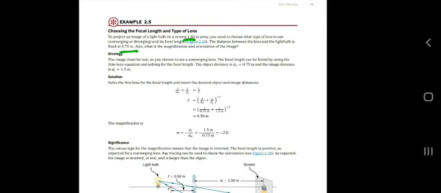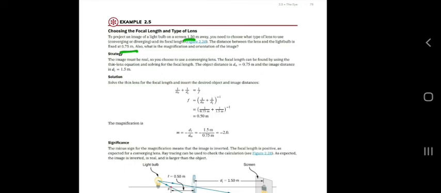So the object distance is equal to 0.75 meter, and the image distance is 1.5 meter, same lang siya sa 1.50 meter. So solution: solve the thin lens equation for the focal length and insert the desired object and image distances.